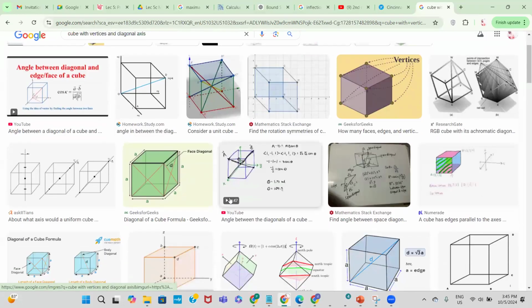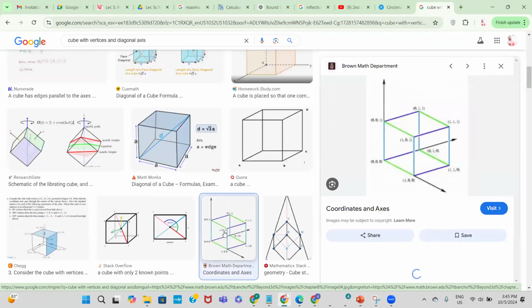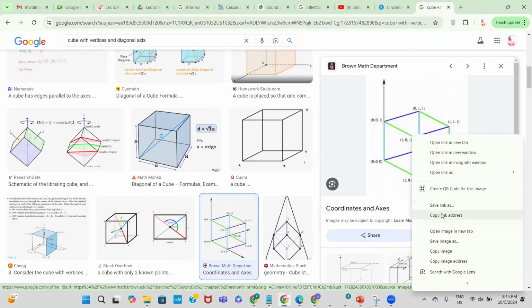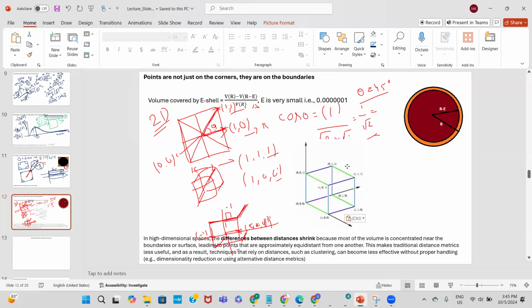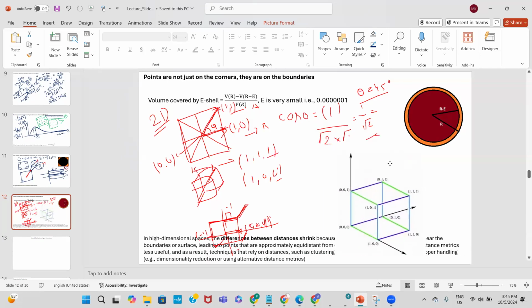Here is the example. Take this example now. For two dimensions, we know this is 2 root 2 comma 1.